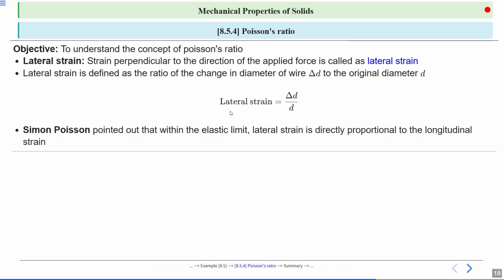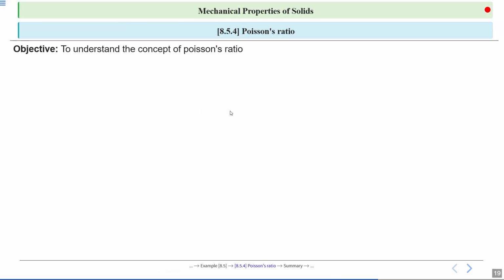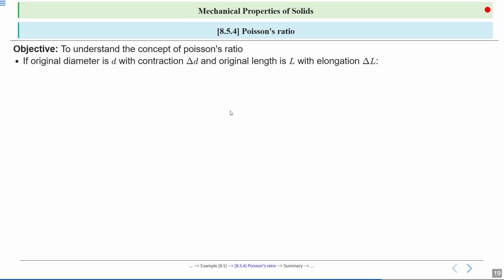Now, imagine a metal rod with an original diameter D and an original length L. When we stretch the rod, its length increases by an amount delta L and its diameter decreases by delta D. When you pull on something, it gets longer and thinner.